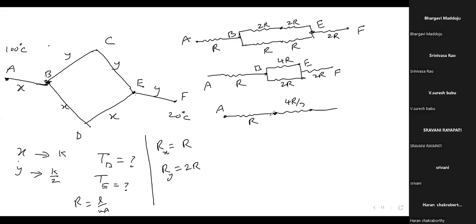This is point B. This is point E. This is point F. Again, this one is 2R. Now we can say these three are in series. In series the rate of heat will be the same. The temperature of this one is TB.